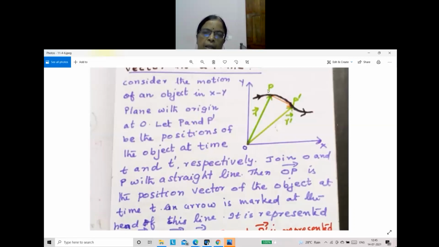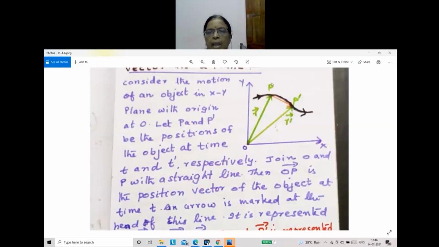And also in which direction that particle or body is lying. Arrowhead shows the direction. So position vector R gives us two things: how far it is from the origin and direction, with respect to the origin, where the body is lying.